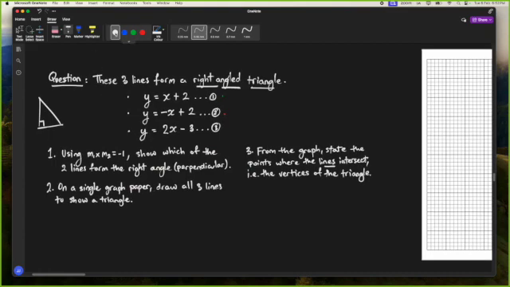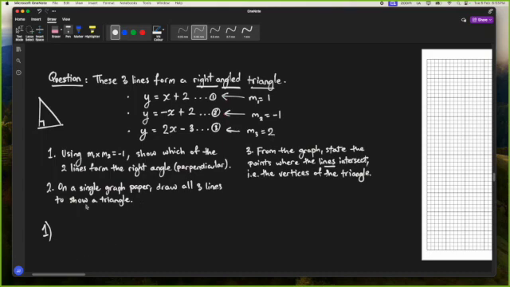So for number 1, we could see that for this line, m is 1. We could see here that this line, m is negative 1. Let me call this m1, this m2, and this m3. We can see m is 2 in that case.